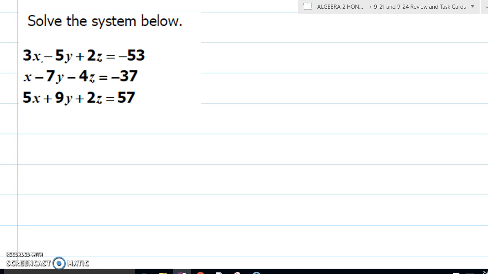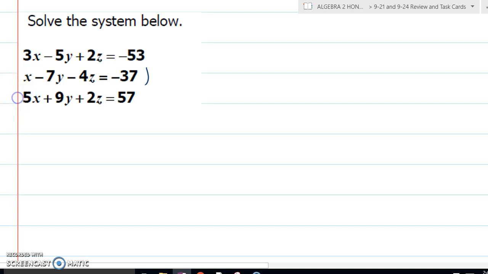So when you choose a variable to eliminate, it's your choice. You can choose whatever variable you want to eliminate. So you can choose to eliminate the x's by multiplying this by -3, and then again by -5 to eliminate here.